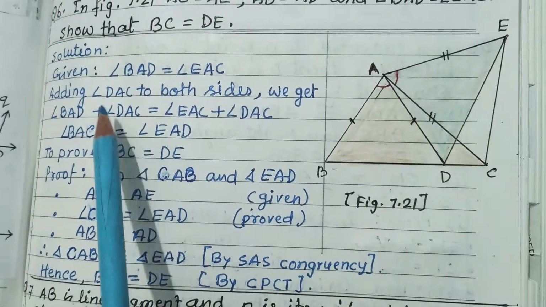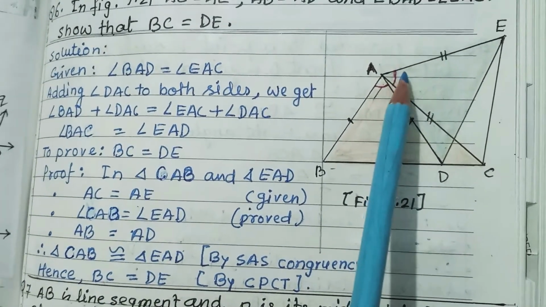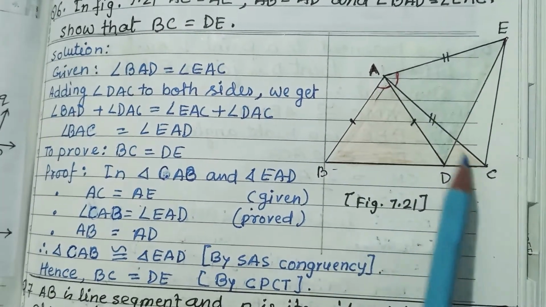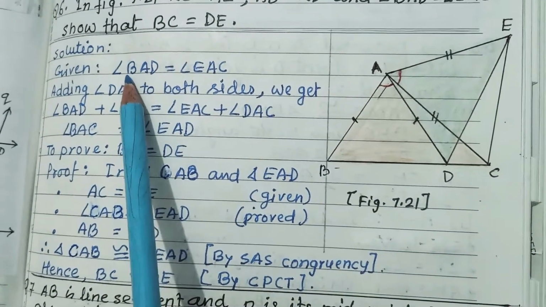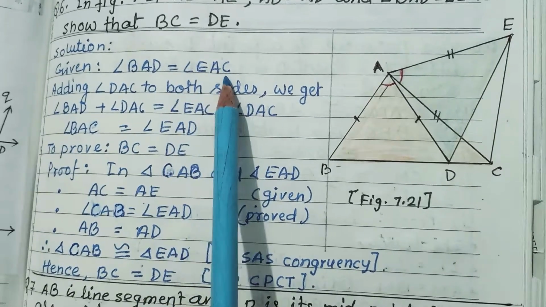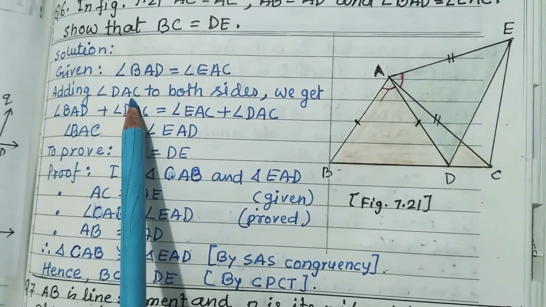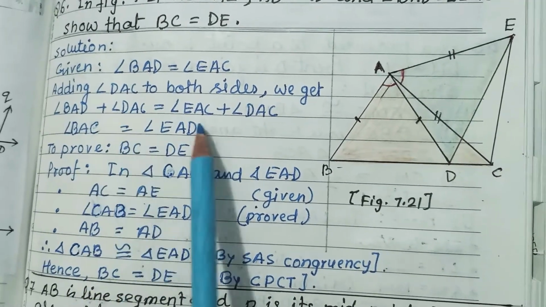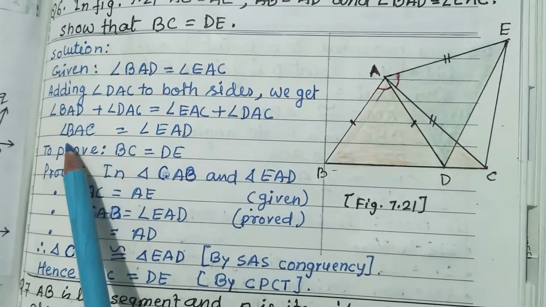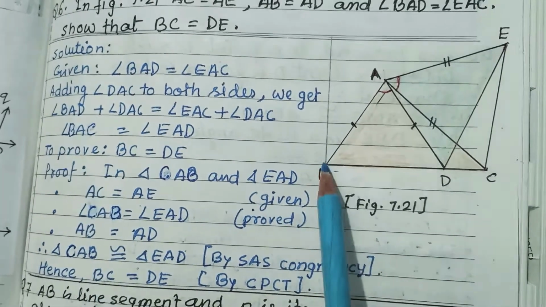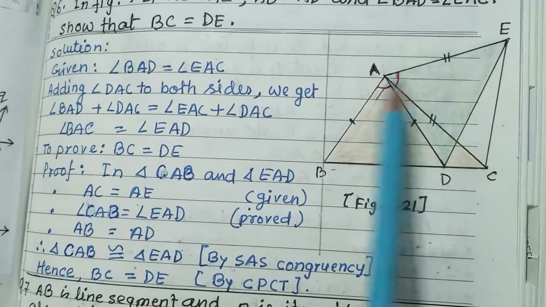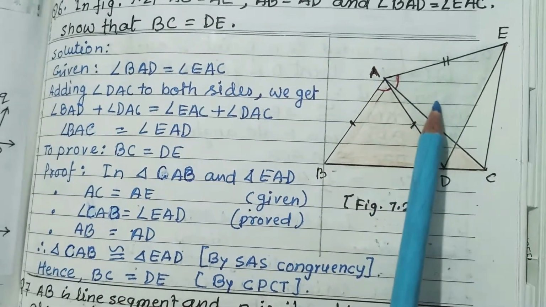Now here it is given this equal to this, add angle DAC on both sides. Angle BAD is equal to EAC, at DAC both sides we get this plus this, and this side also this plus this, and together BAC of this triangle is equal to EAD of this triangle.